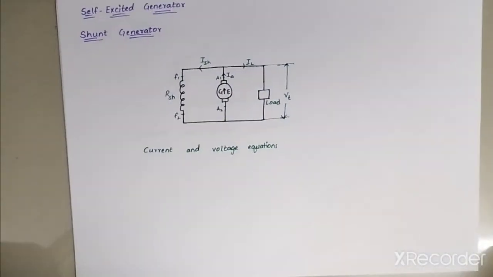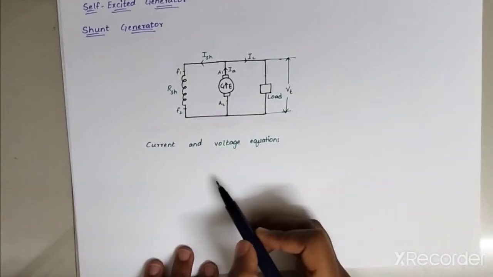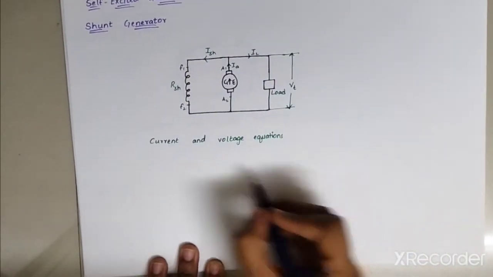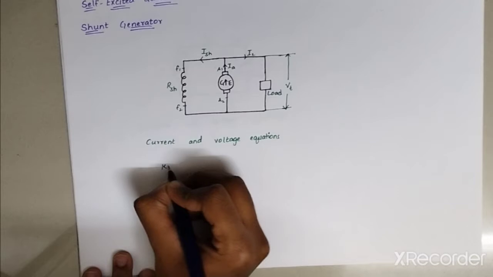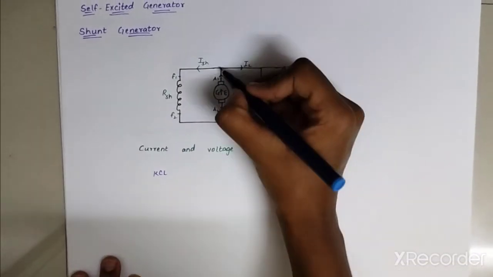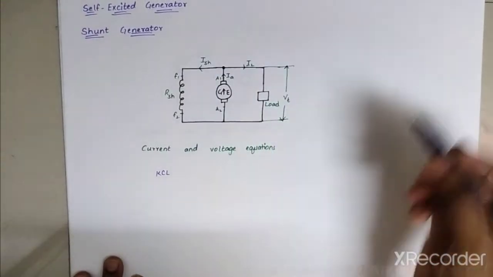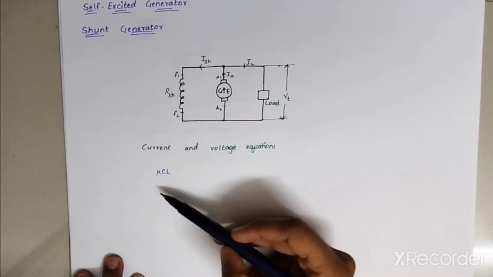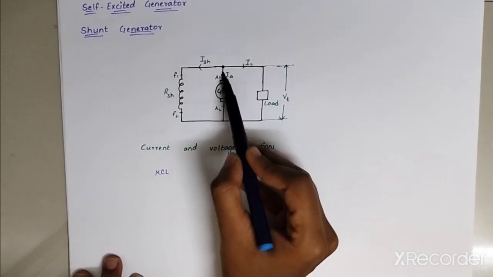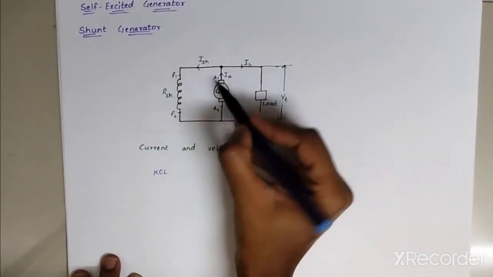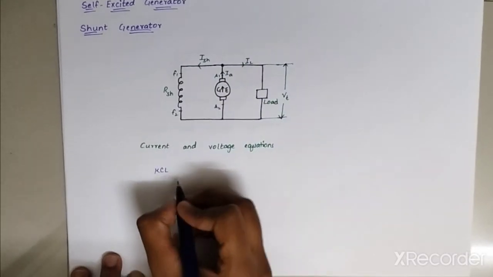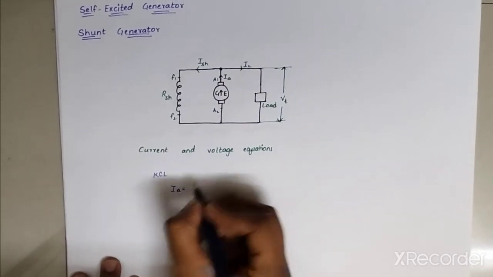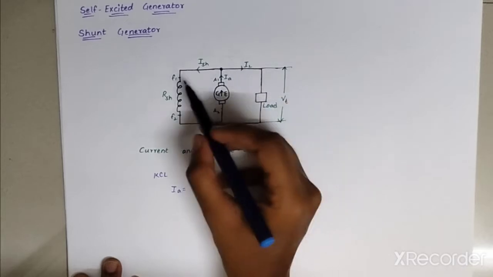Now, firstly, we'll see the current equations. First we'll apply KCL at this point. What is the law of KCL? The entering currents equal the leaving currents. Here, the entering current is IA, and the leaving currents are ISH and IL.